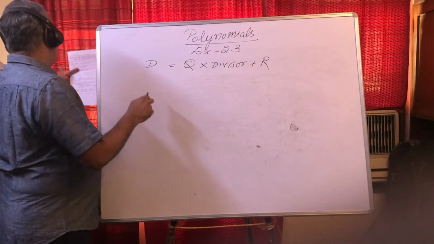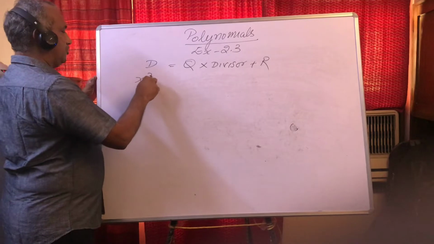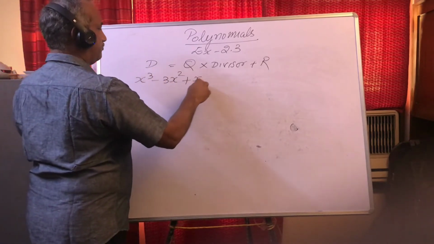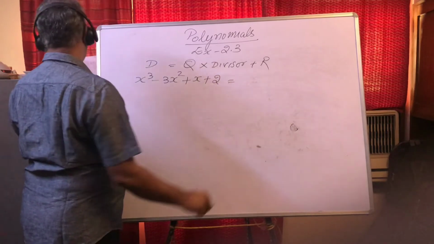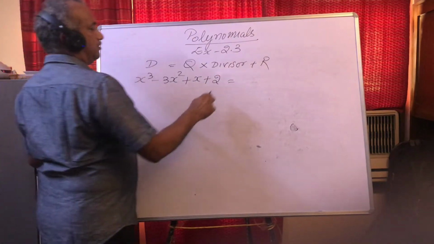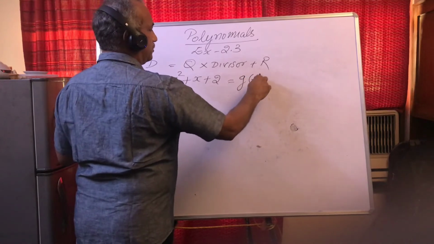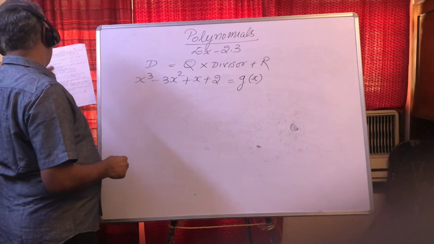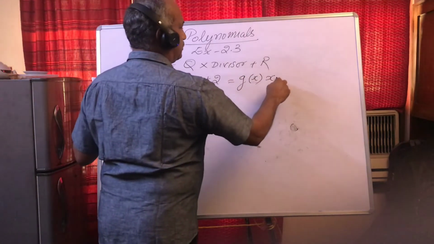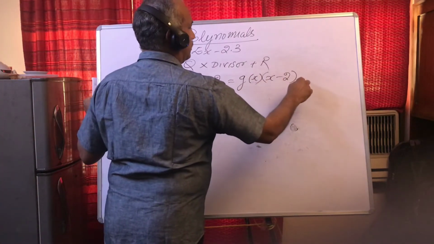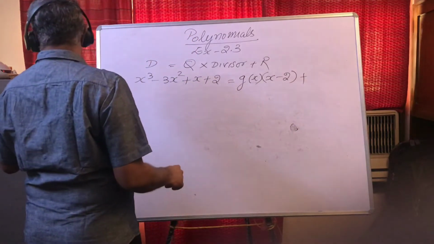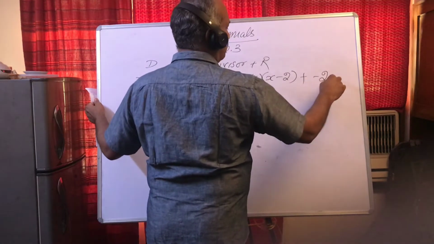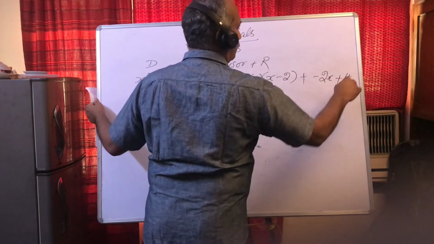So dividend is given, x cube minus 3x square plus x plus 2 is equal to g of x, the divisor, into quotient, which is given x minus 2, plus remainder, which is given minus 2x plus 4.